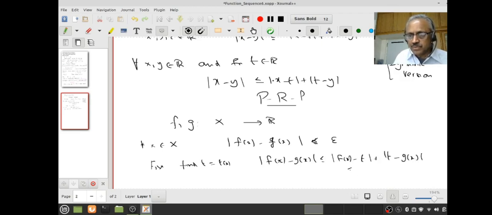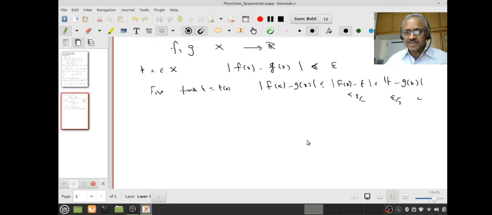And suppose I know this is less than epsilon by 2 and this is less than epsilon by 2, I am through. For that x I have proved mod f of x minus g of x is less than epsilon. But for each x, suppose I can do this. What does it mean? For each x I can find a number t. That number t may vary. Are you following?